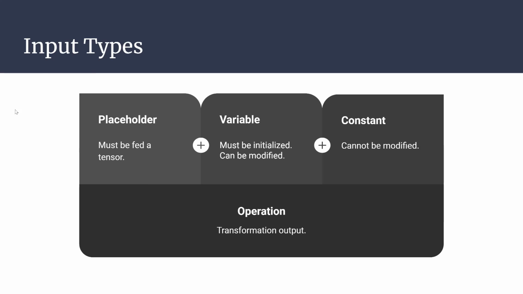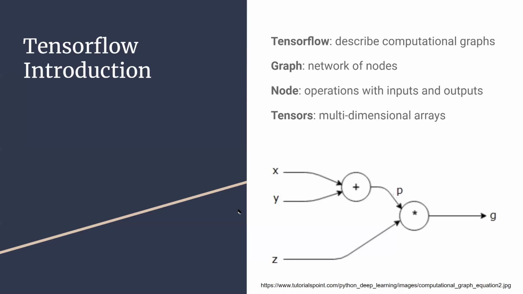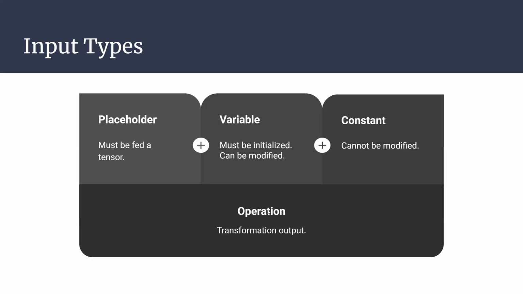In TensorFlow, there's also a placeholder, and in these placeholders, you must feed a tensor into it, hence the name placeholder. So that's another input type, and you use these different types to perform operations, like we mentioned before, and these operations would transform input to output. Yeah, so those are the different components of it.